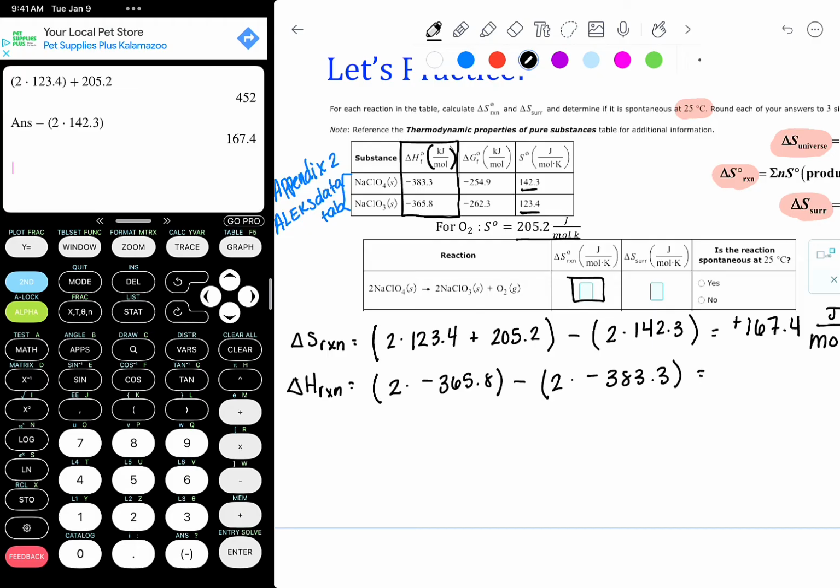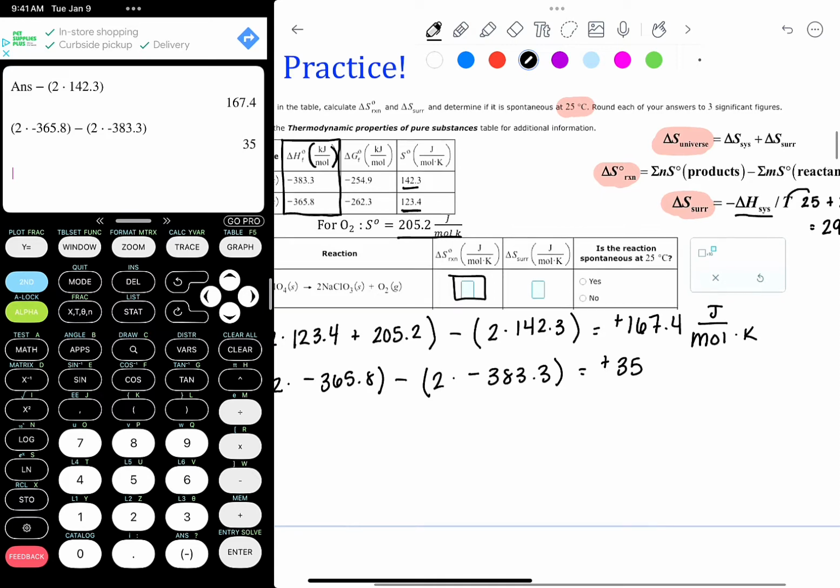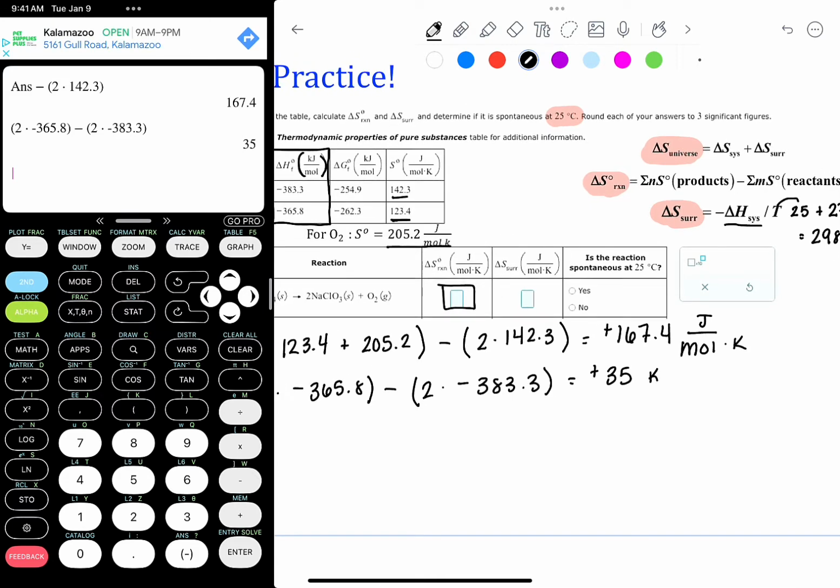So we have to make sure we get our negatives correct here. We're going to take 2 times negative 365.8, and we're going to subtract from that 2 times negative 383.3. And we get a positive 35 as our answer, and that is in kilojoules per mole.